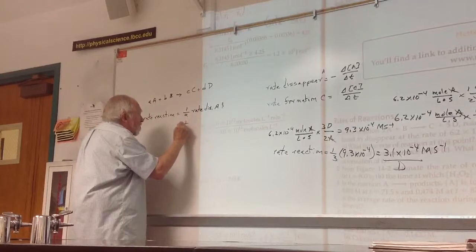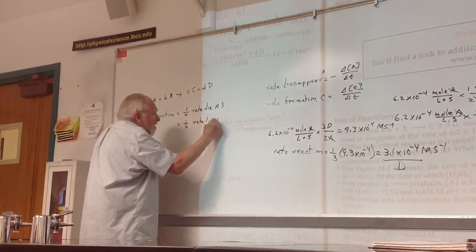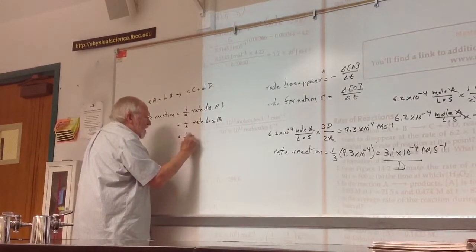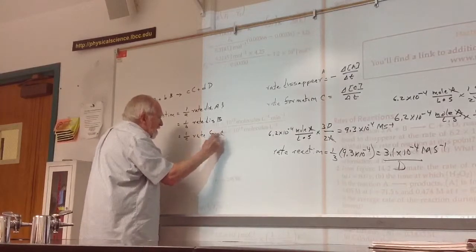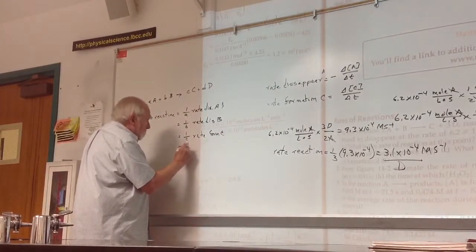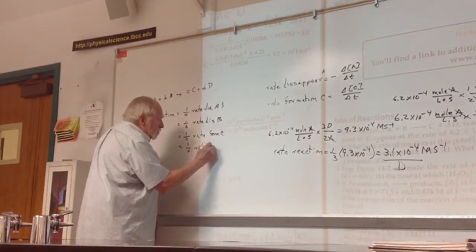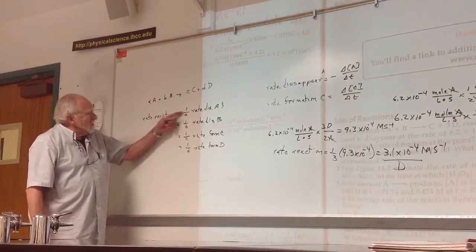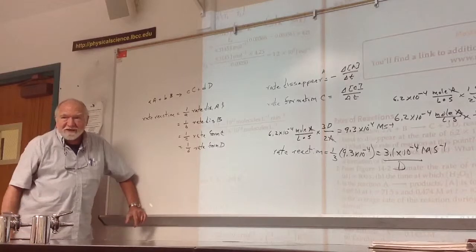It's equal to 1 over B, rate of disappearance of B. It's equal to 1 over C, rate of formation of C. And what I said is this number is equal to this number is equal to this is equal to this. You just calculate it differently each time.